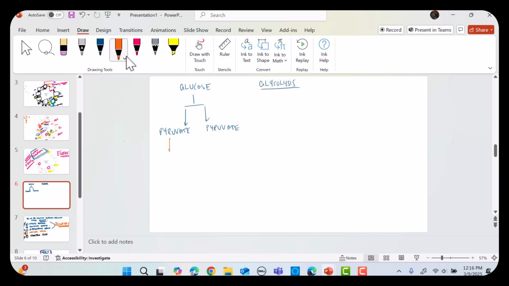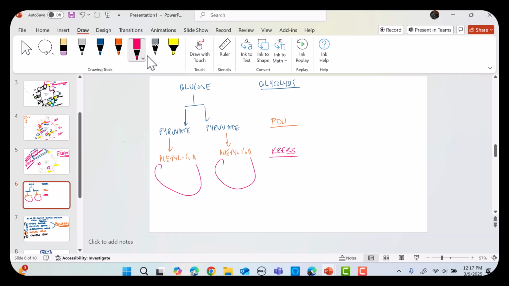We took those 2 pyruvates, we went through the pyruvate dehydrogenase complex, and we made acetyl-CoA. So we did our pyruvate dehydrogenase complex. Then we took that acetyl-CoA, did the Krebs cycle. Actually, I don't want to write it there. Did the Krebs cycle. Then we did electron transport.